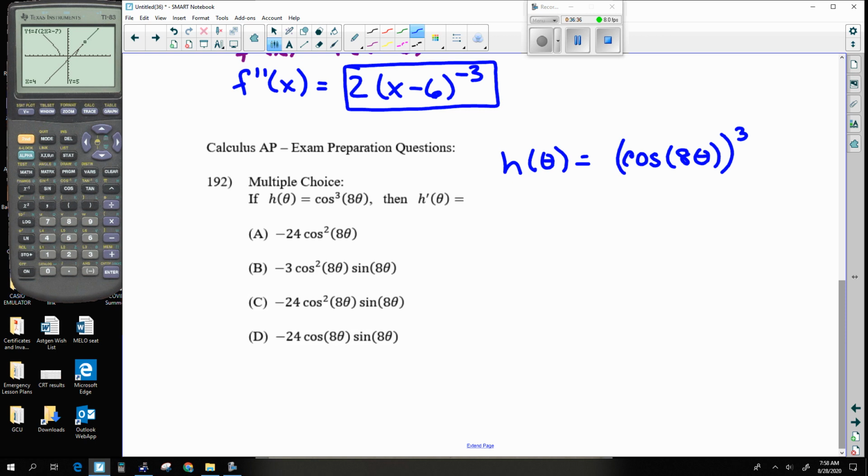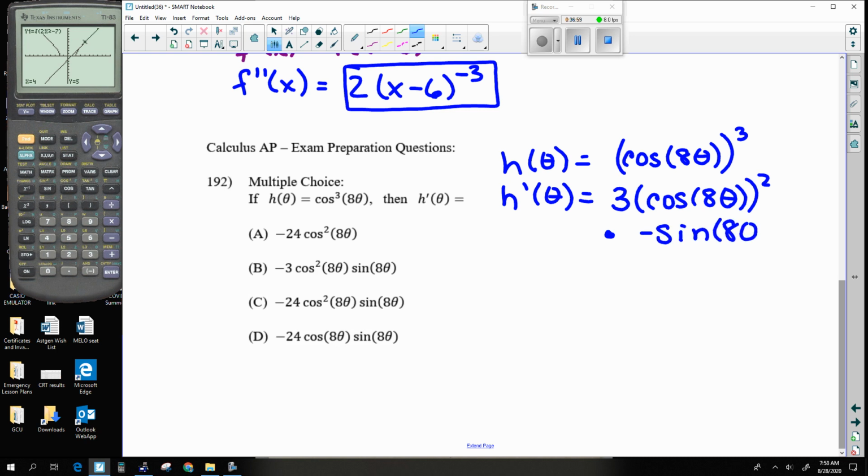Okay, it's kind of better to look at it like this. So h prime is going to be the third power, 2 times the derivative of the inside is going to be negative sine, times.